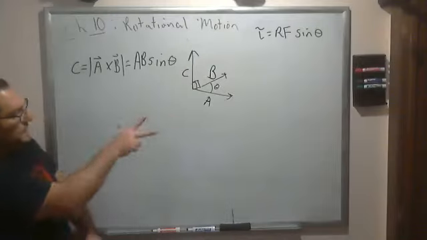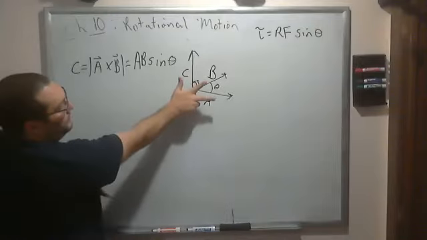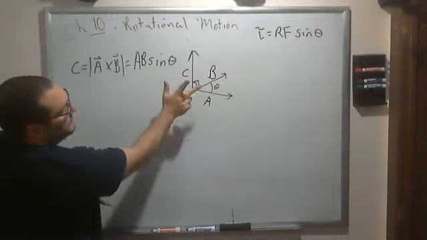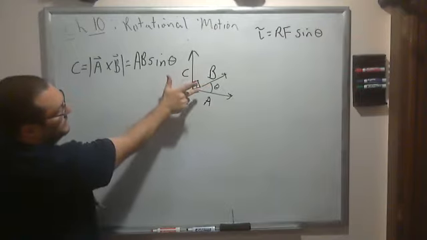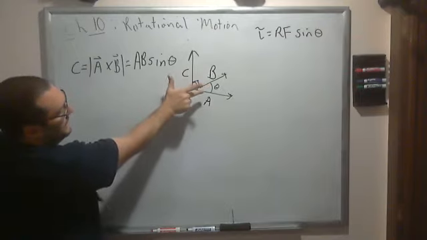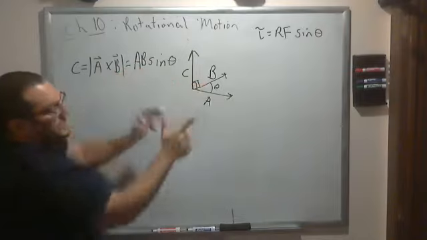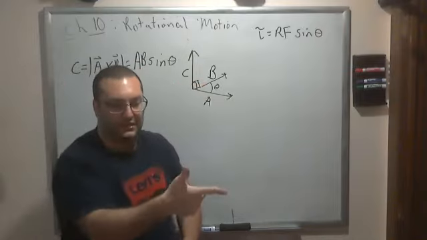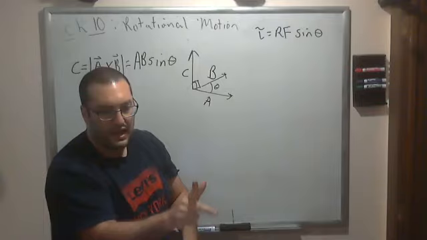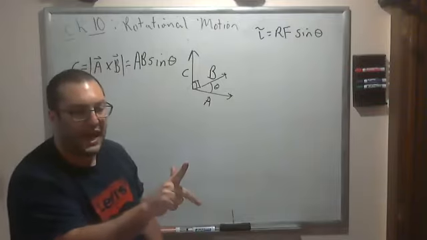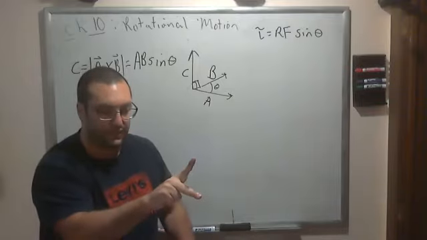So we have A and B. I have A pointing that way, and B is kind of pointing into the board a little bit, and this gives me C. So I use my 3 vectors. I have A, and this is B, and usually A and B have an angle between them.